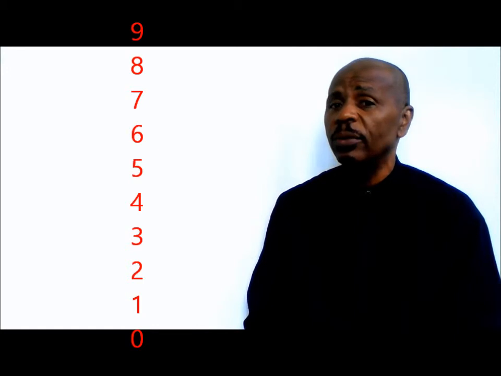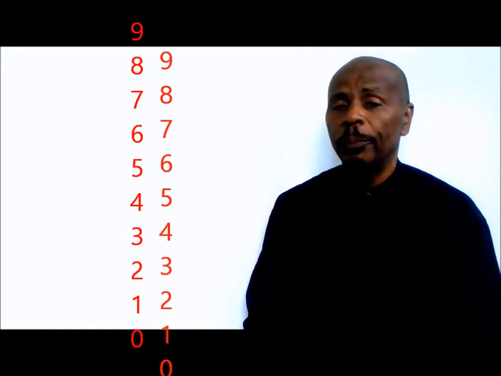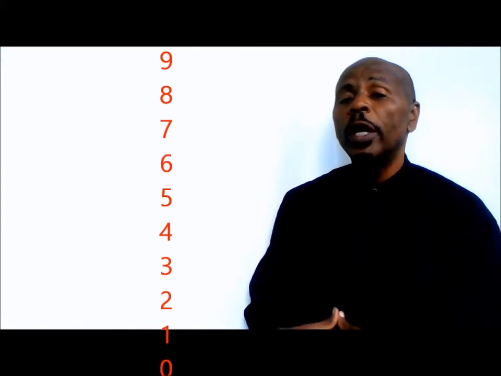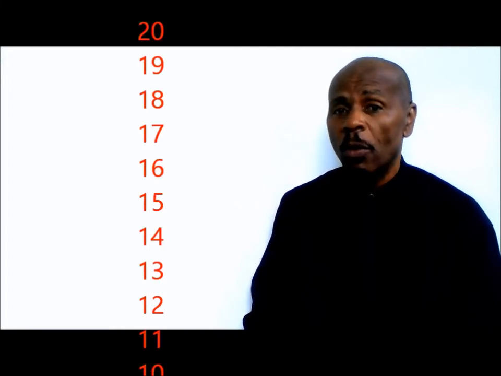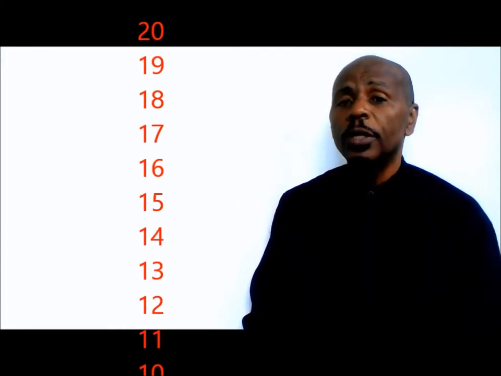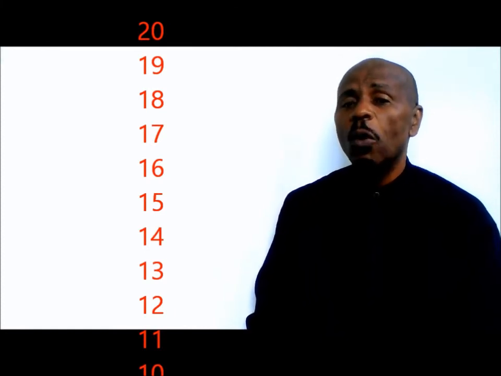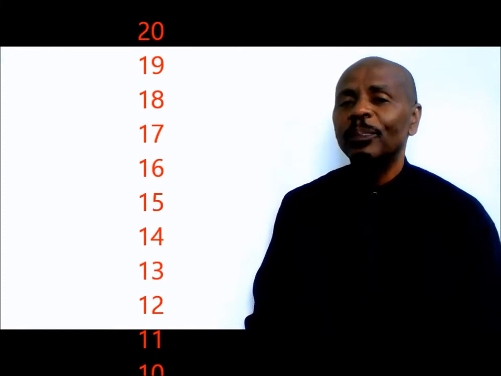It never said numbers. Number. And this is the single digit, 0 to 9. So after 9 now, we're just going into 2 digits. We're going to numbers 10, 11, 12, 13, 14, 15, 16, 17, 18, 19, 20. It's how simple that is.